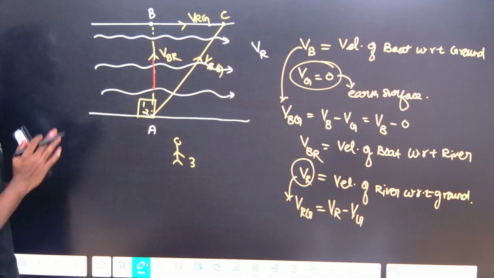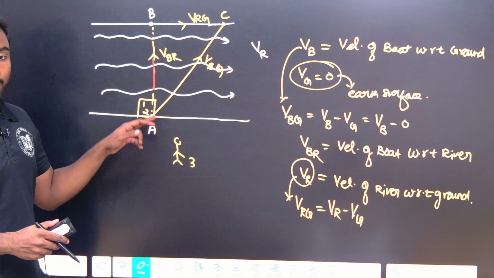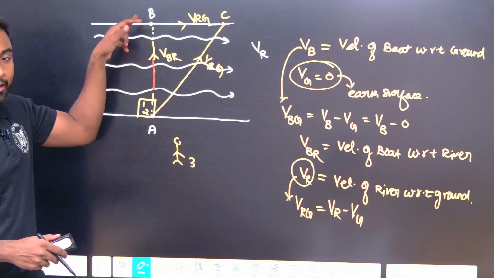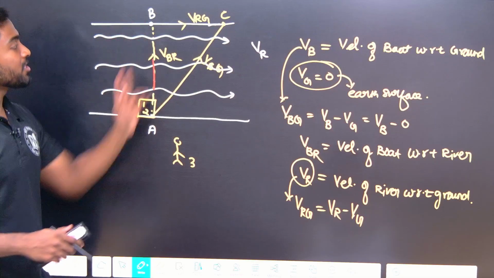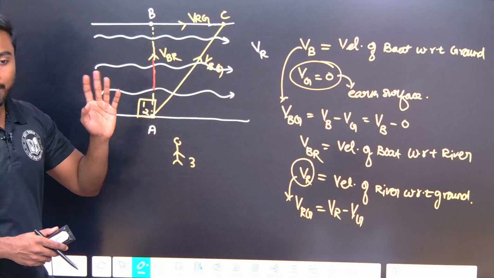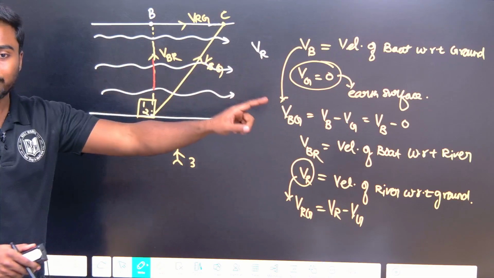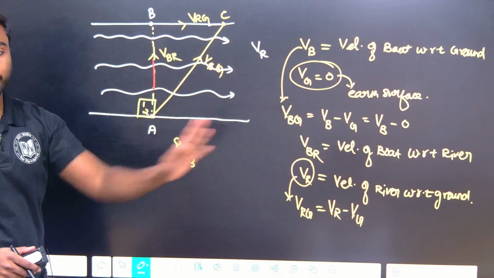So this is my diagram, guys. Now think that if I want to go from point A to point B by the shortest distance, which path can I use? A to B I can use. In terms of shortest time, if I go along with the river, I will reach in the shortest time.